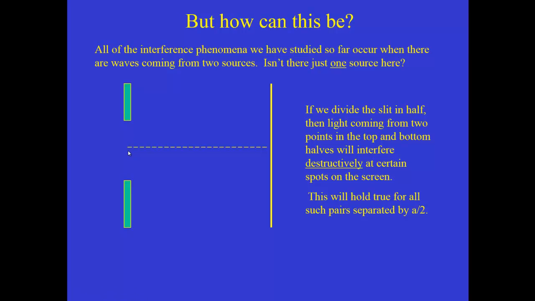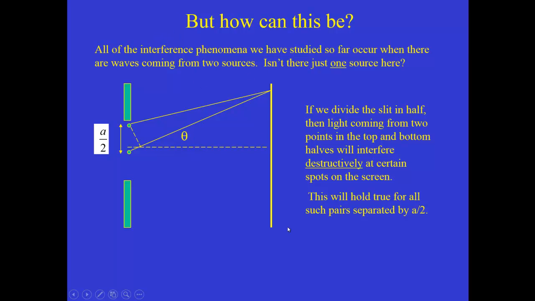And so if that's true, then light that passes through the upper dot and reaches the screen at a certain point, and light that passes through the region where the lower dot is and reaches a point on the screen, could, under the right conditions, interfere constructively or destructively at different angles theta on the screen.